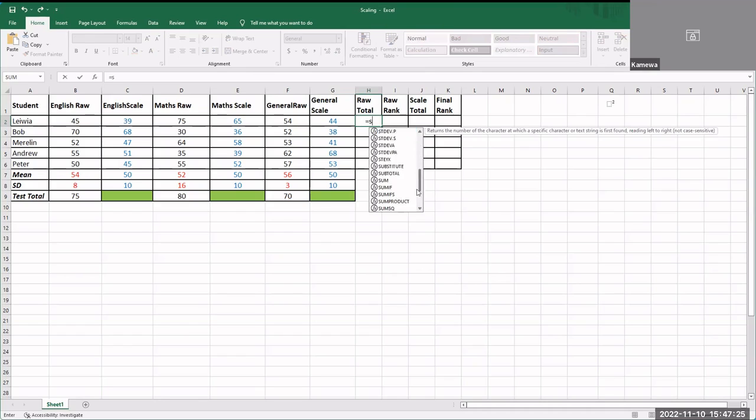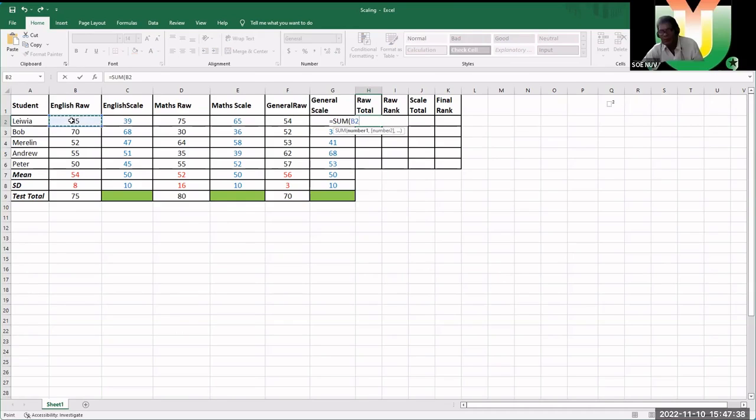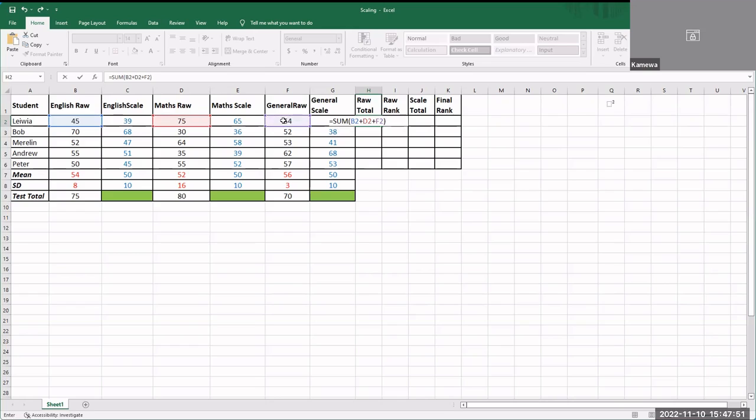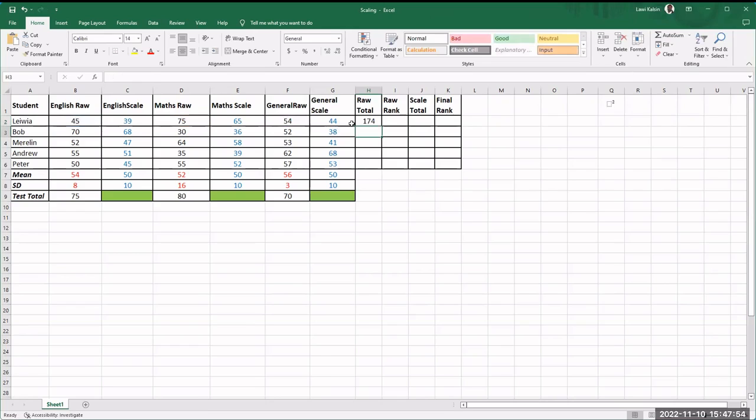Then you double click on sum, and then B2, P2, B2, T2 plus D2, D2 plus F2, and then close bracket. Okay, enter. So that is the total row scores for Libya.